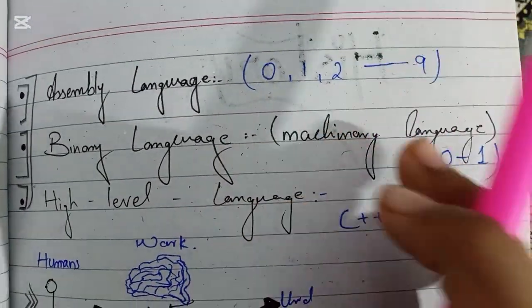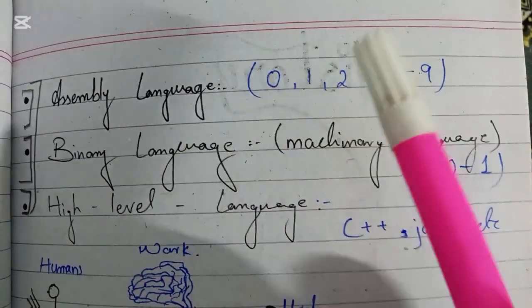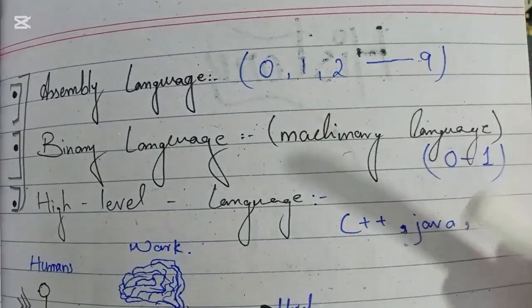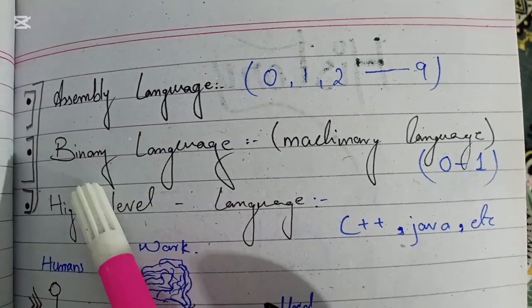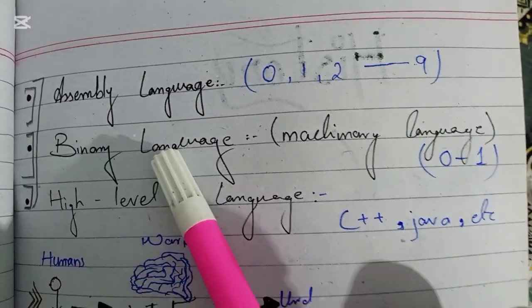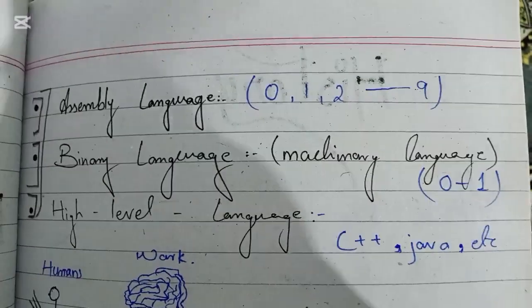Binary language, machine language, only includes two units, 0 and 1. It is the language understood by the computer.